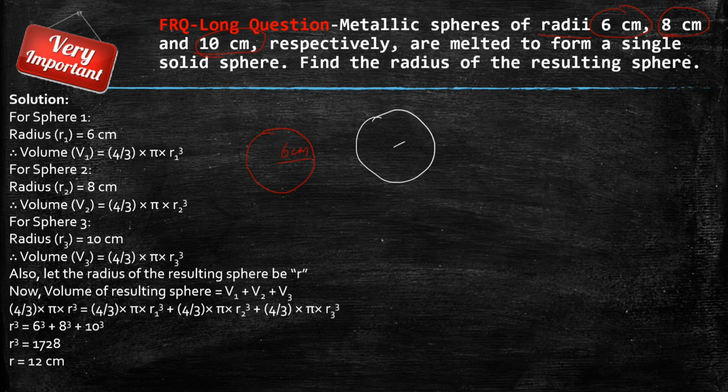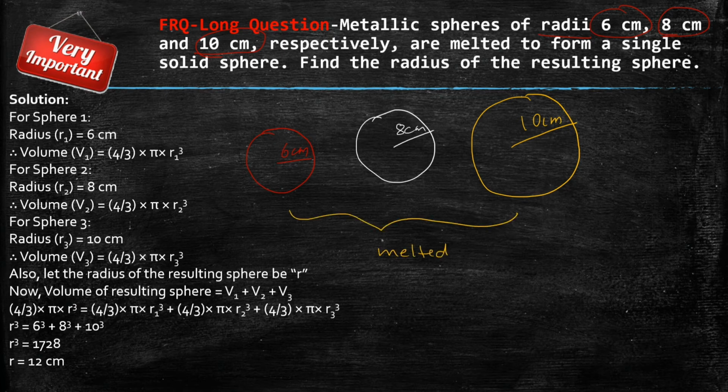There's a second one a little bigger than the first one, which is 8 cm, and finally the biggest one out of all 3, which is 10 cm. So all these 3 are melted, and after they are melted, you are getting a new sphere. So for example, this is the sphere. I don't know the radius of the sphere. Let me take that radius as small r, and that is what I need to find.